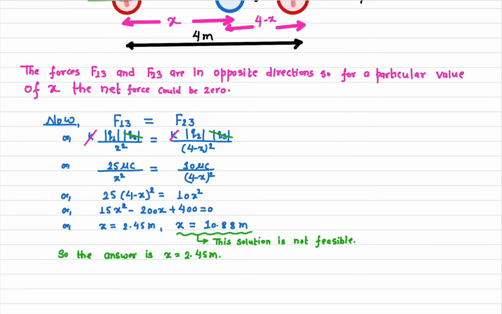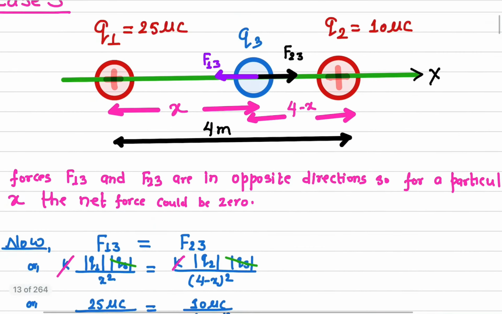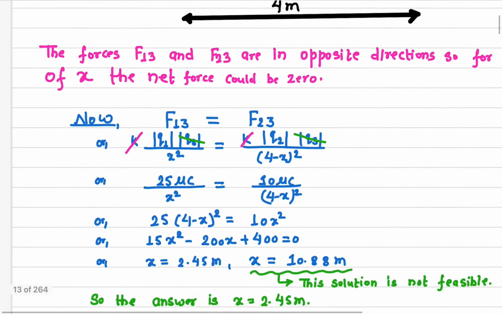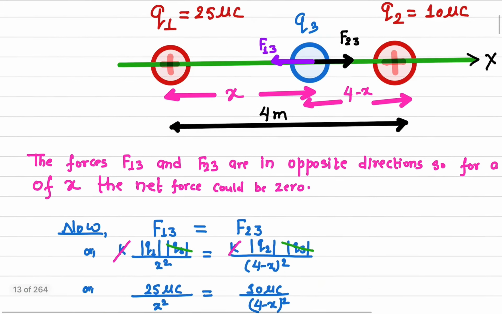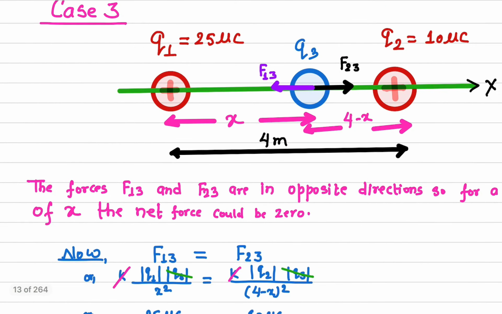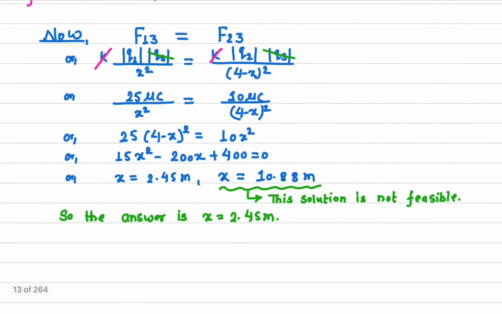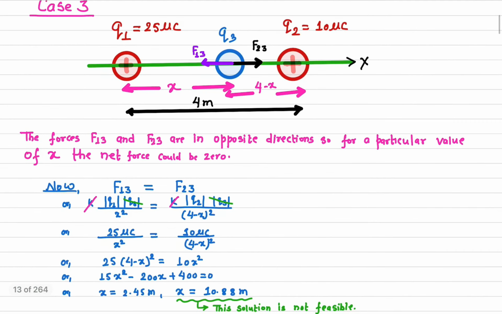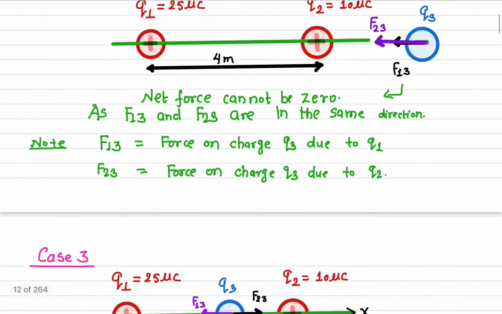So what does it mean? All the distances are measured from Q1. The 2.45 means if this is 4 meter, then it will be slightly here, exactly at this point, closer to Q2. And the 10.88 meter means this is 4 meters, so it has to be somewhere here. And we already have ruled out this possibility.